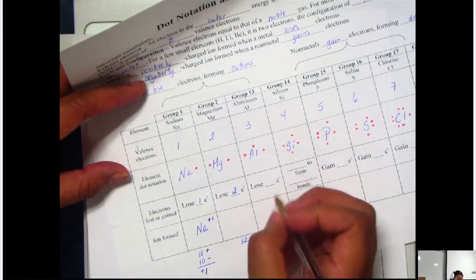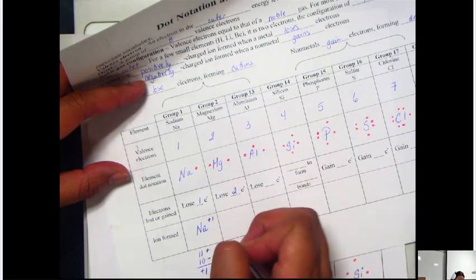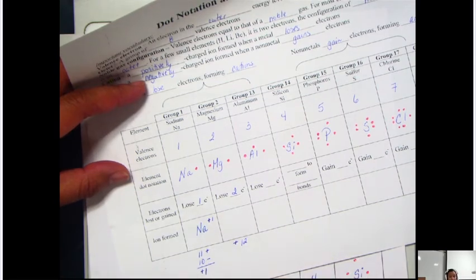So magnesium has now 12 protons. And I'll go ahead and put the symbols, positive, negative signs in the front. So it has 12 protons. It lost 2 electrons. Remember that initially you have the same number of electrons as protons, so 12 protons, and it had 12 electrons.